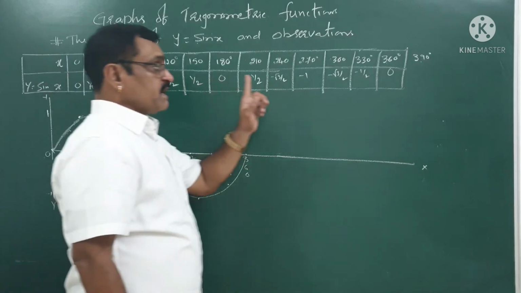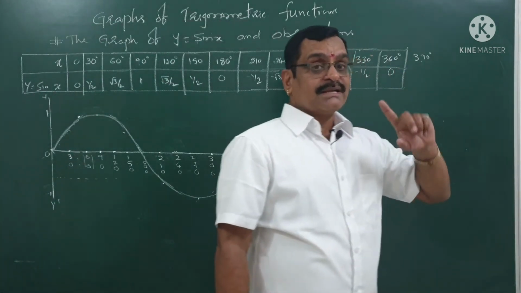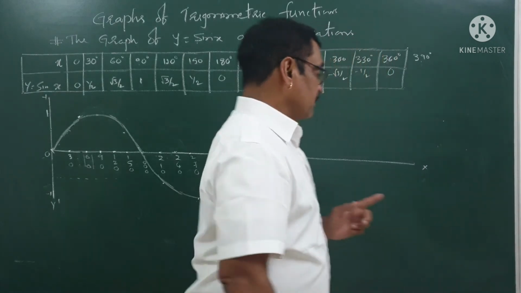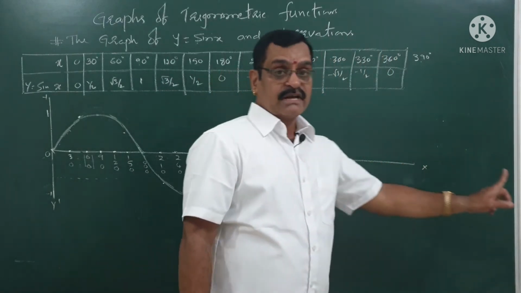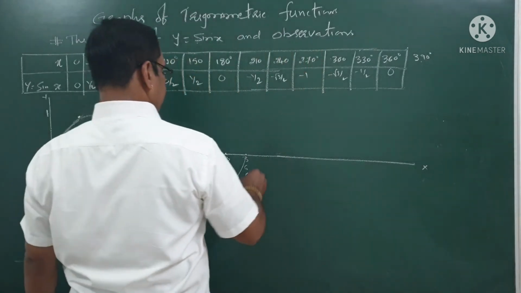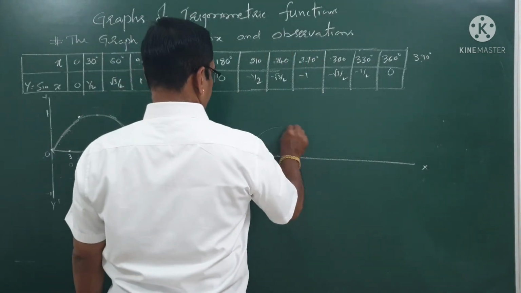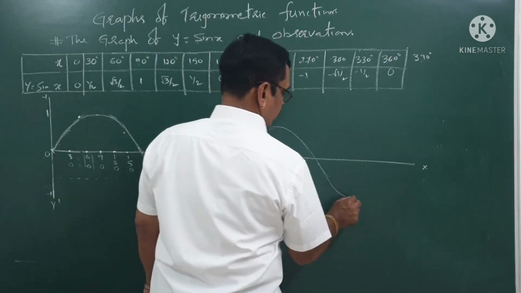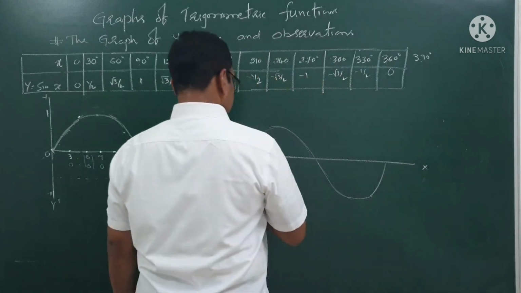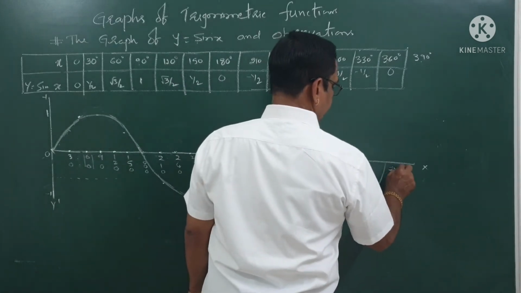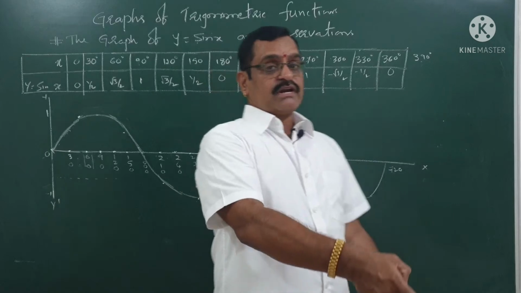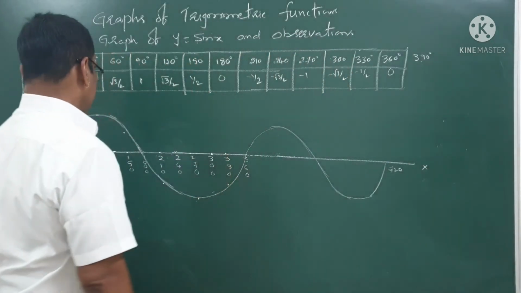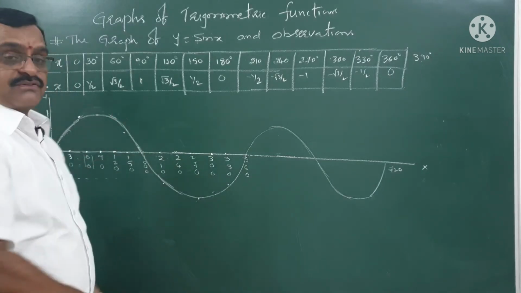That means if you take the values again from 360 to 720, you will get the same shape of the graph. That means the graph goes like this. This is 360 to 720. Again 720 to 1080, again you get the same graph.